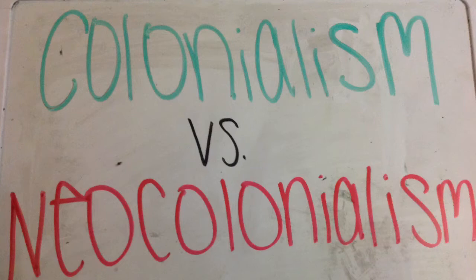This definition is similar to neocolonialism, although one key difference is that in neocolonialism, a more developed country controls the economic policies of a less developed country, so that the less developed country looks like a colony of that more developed country. All in all, colonialism would happen before neocolonialism, which you would see in some of our examples.